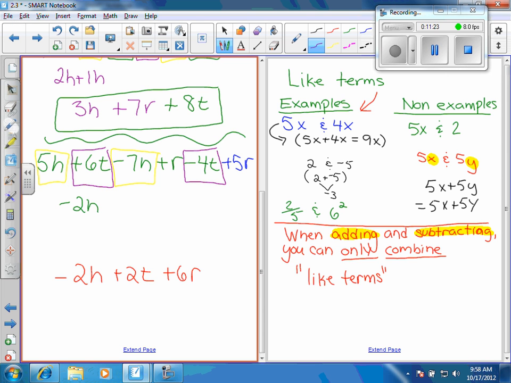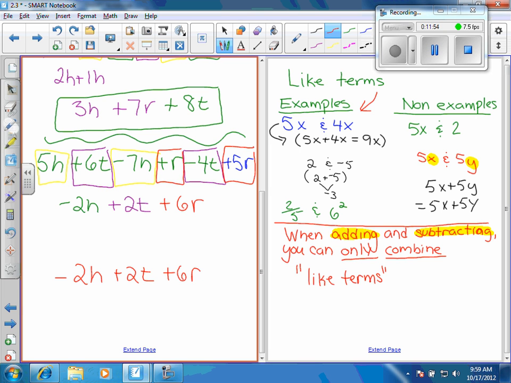And that's just a 2t. Or you could think of it as a 6 take away 4. So that gives you a plus 2t. So now you think of it as a positive 2t, so you make it an add 2. See what I'm doing there? And then you've got your positive r here, and another positive 5r, so it's 6 r's, and they're positive, so you think of it as an add 6r. So if you would have a negative 2h there, it would be like a minus.